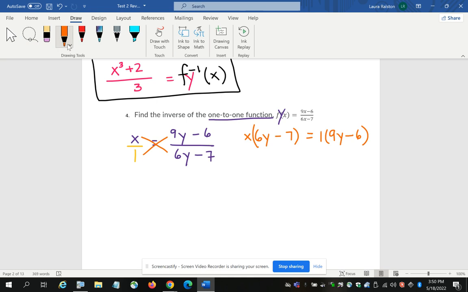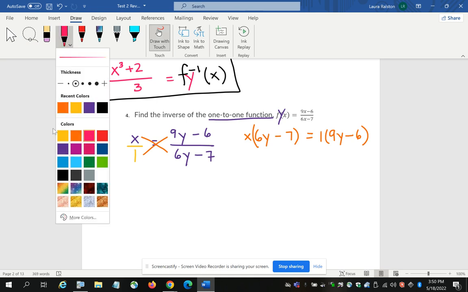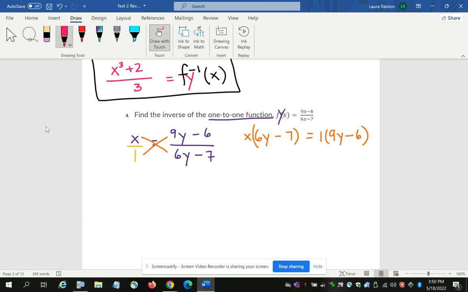Then I'm going to use the distributive property and distribute on each side. So I would have x times 6y, so that's 6xy minus 7x equals 1 times 9y is 9y, and 1 times minus 6 is minus 6.